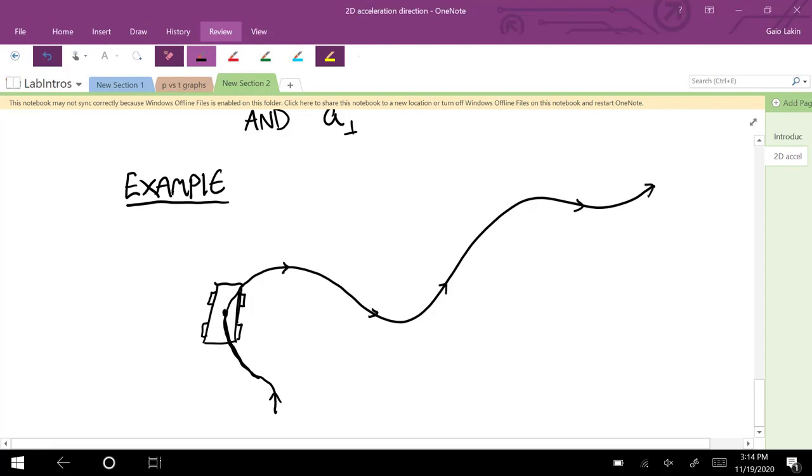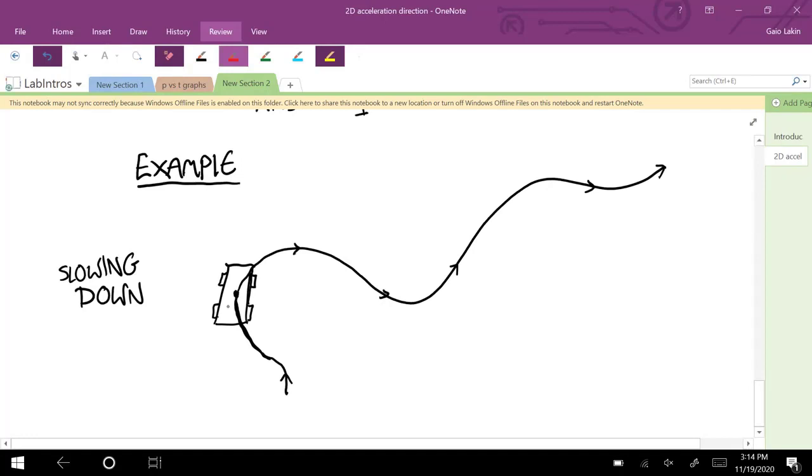And at this instant right here, let's say that the car is slowing down. So what can we say about the acceleration direction of this car? Well, first, I'll draw the velocity vector, which is tangent to the path at this instant. So at this instant, it's going this way.